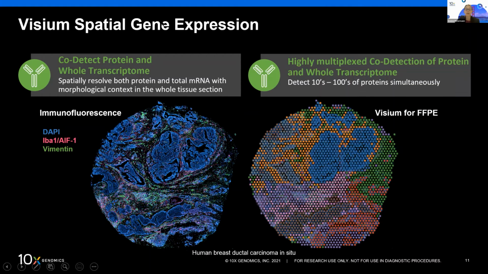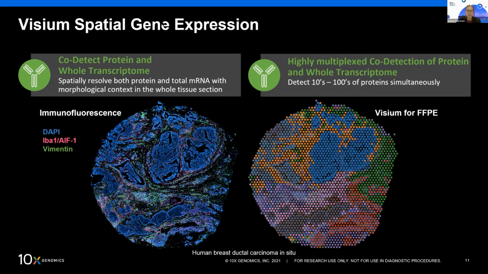But what's coming very shortly, so in the early phases of 2022, is the capability to highly multiplex and co-detect protein and whole transcriptome on the same section. So we will increase the capability from starting as little as tens to hundreds of proteins that you can detect simultaneously.